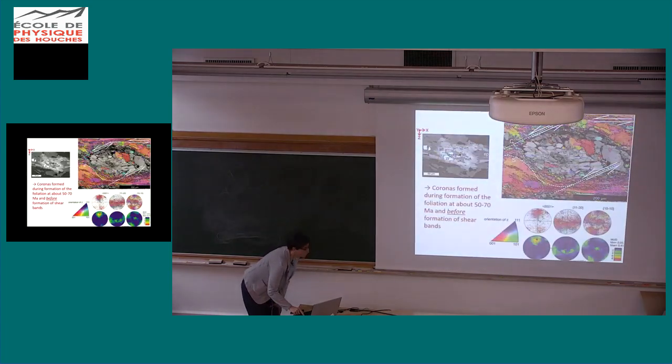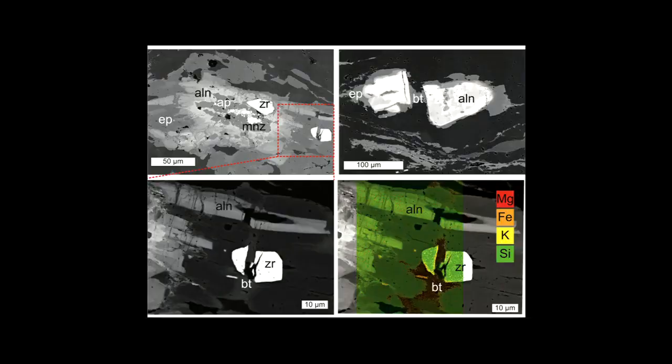Okay, so the coronas formed probably during the formation of the main foliation, but before the shear band foliation.